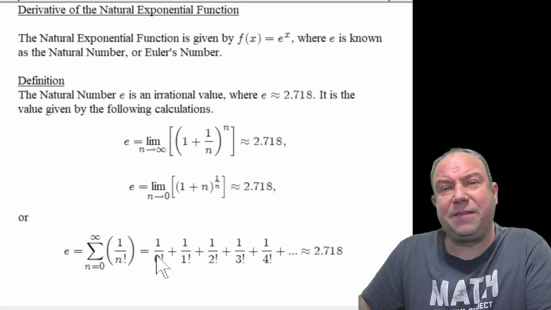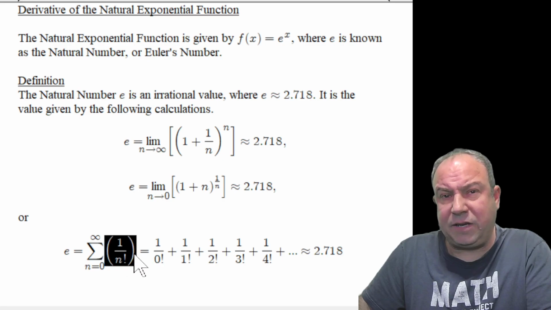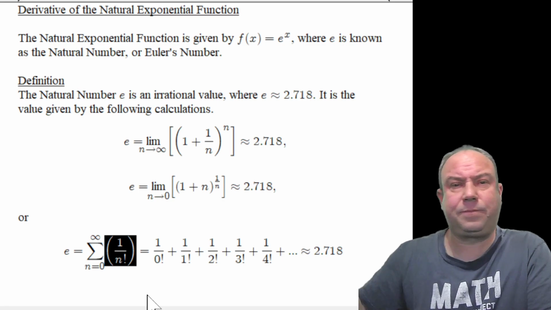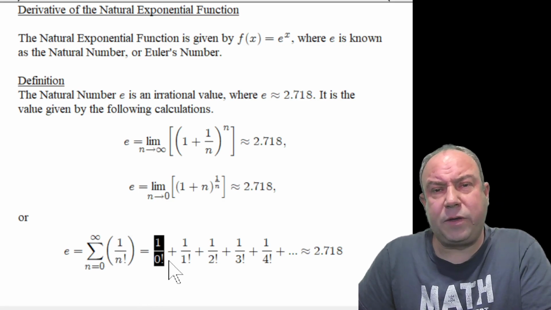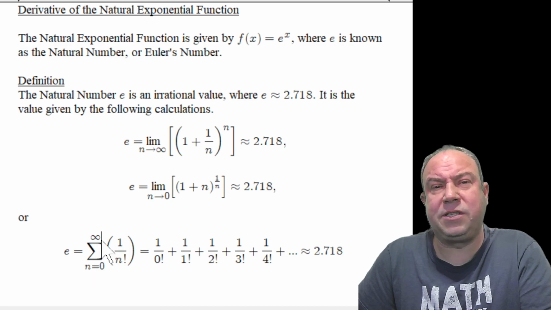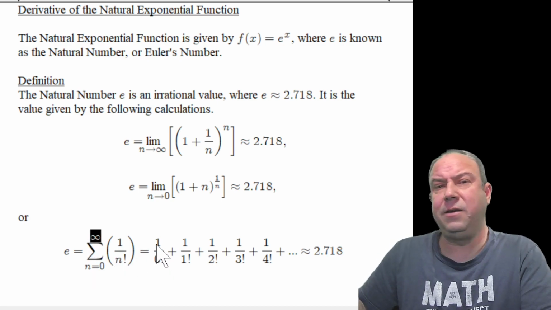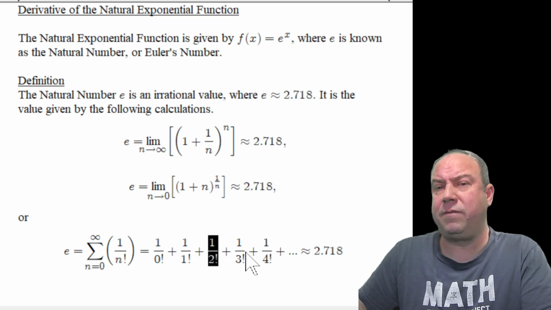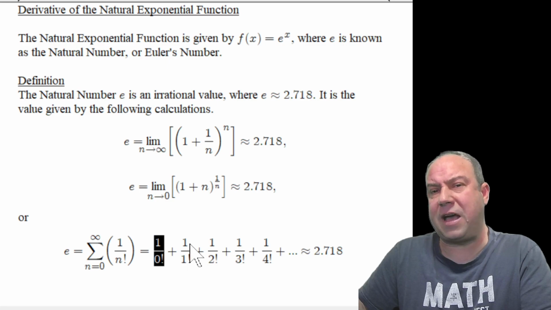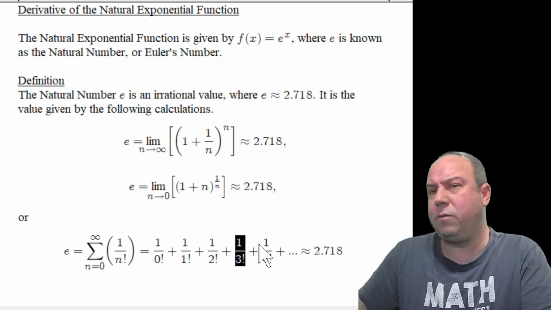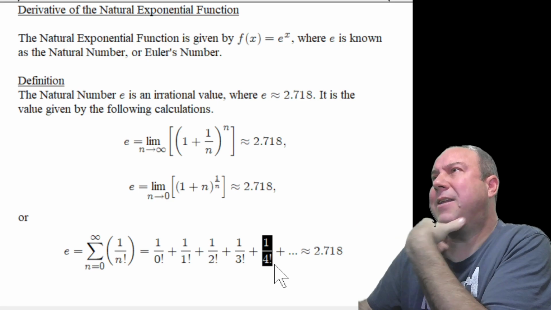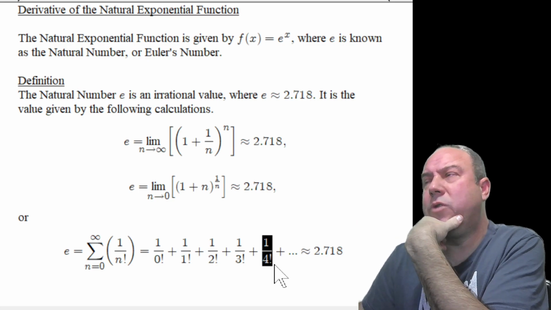Here we can see e is defined as this infinite summation involving an argument of 1 over n factorial, where if we think about the pattern here, starting at n equal to 0 and continuing up through infinity, would form the pattern 1 over 0 factorial, 1 over 1 factorial, 1 over 2 factorial, plus 1 over 3 factorial, on down the line, all being added up sequentially.